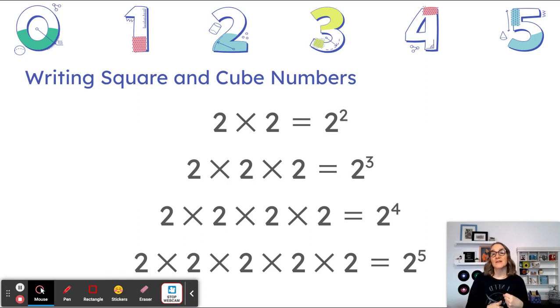But when we get any bigger than that, we say to the power of, or to the nth power. So 2 times 2 times 2 times 2, or 2 times itself 4 times, is 2 to the power of 4, or 2 to the fourth power. And our last equation on the screen, 2 times itself 5 times, is 2 to the fifth power, or 2 to the power of 5.